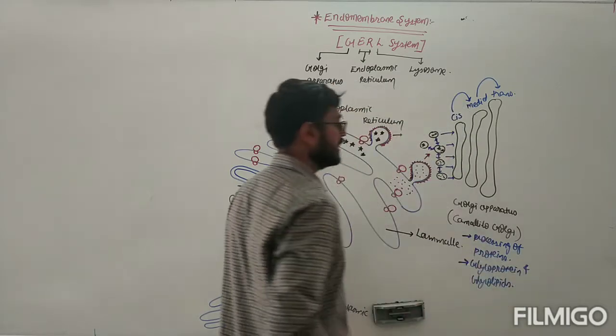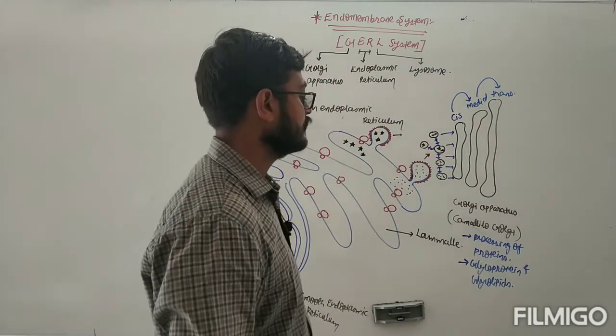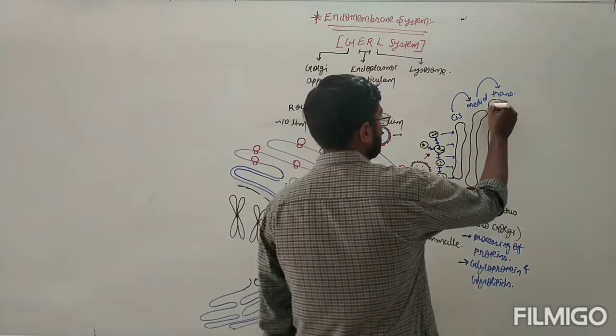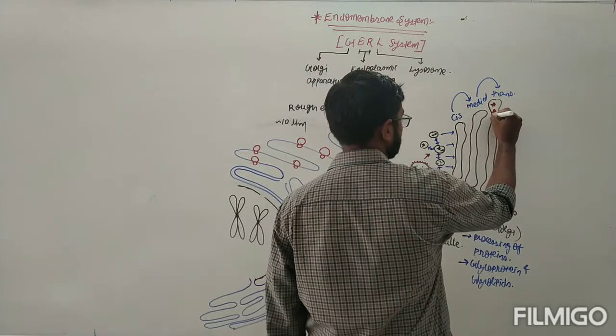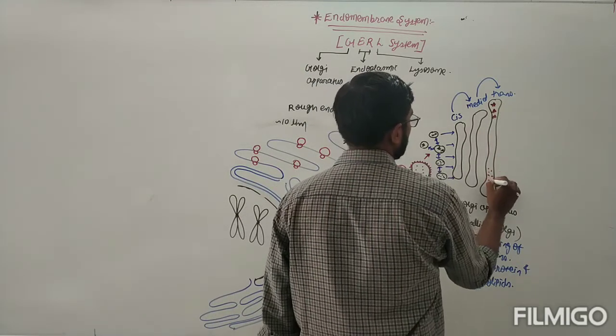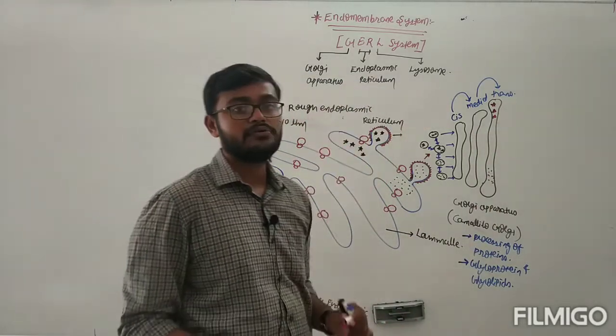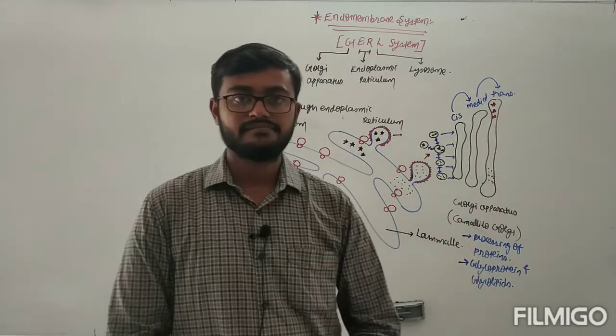They are the important sites for the synthesis of glycolipids and glycoproteins. So here the proteins are going to be processed. They are completely processed, and now further they are going to move away.